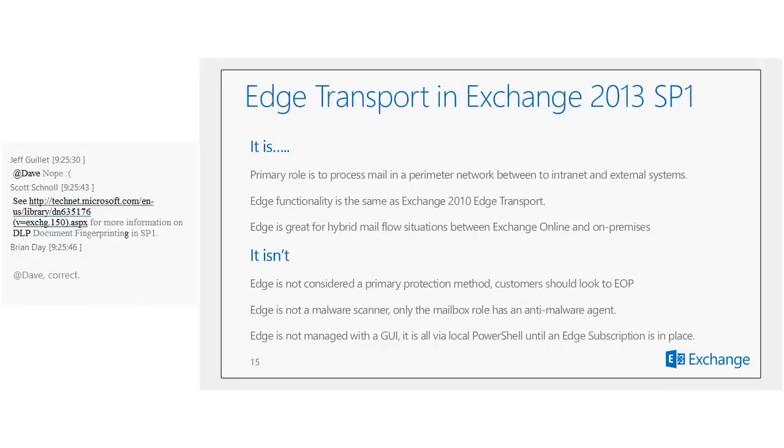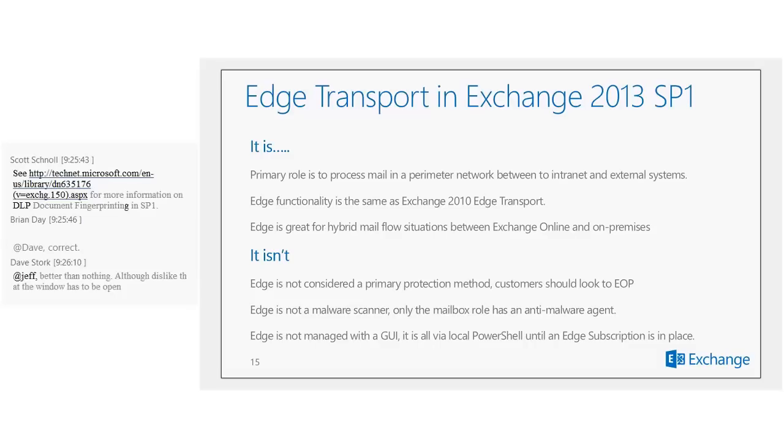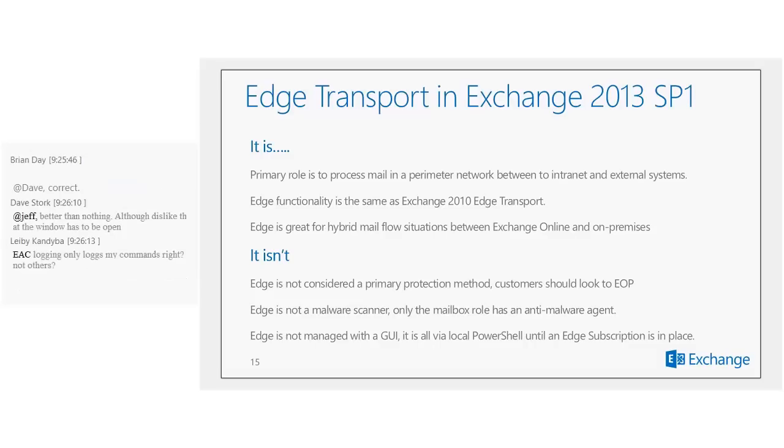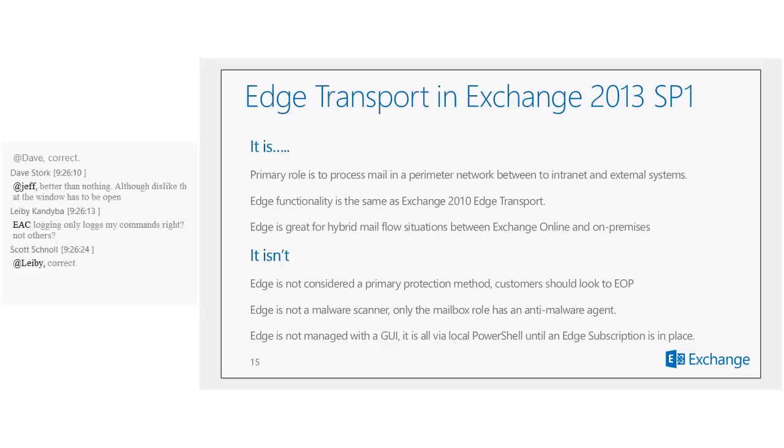Other very notable thing that some folks had probably noted as being absent prior to SP1 was Edge Transport Role in Exchange Server 2013. So it's back, great. Up to this point, we've given guidance to use a 2010 Edge role. So just to be clear, kind of what the Edge role is, your primary role in your perimeter network.